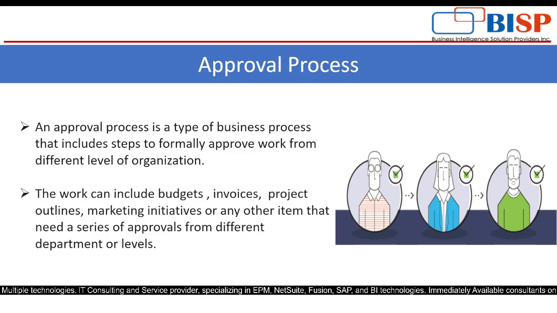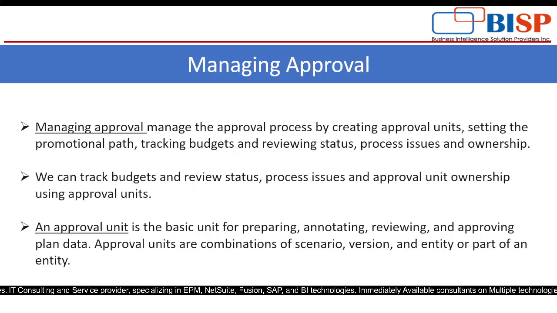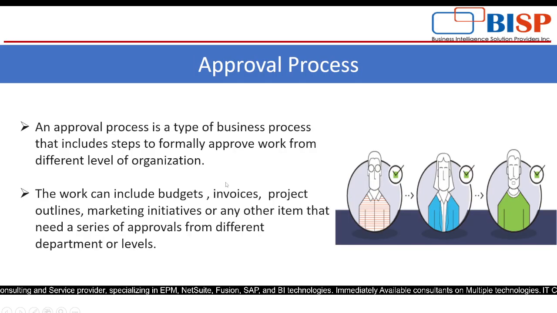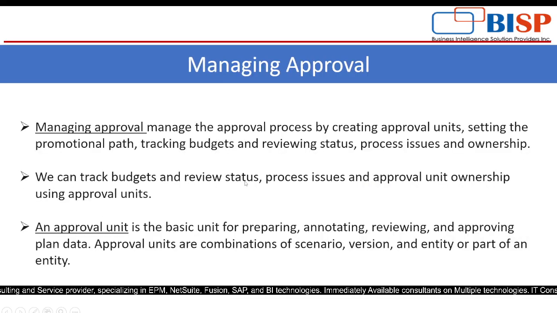The work can include budgets, invoices, project outlines, marketing initiatives, or any other item that needs a series of approvals from different departments or levels. Okay, so this was the general terminology that we have understood about the approval process.